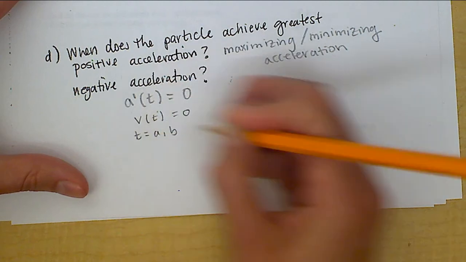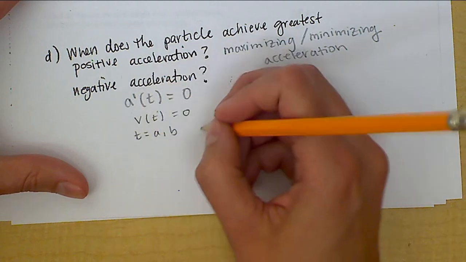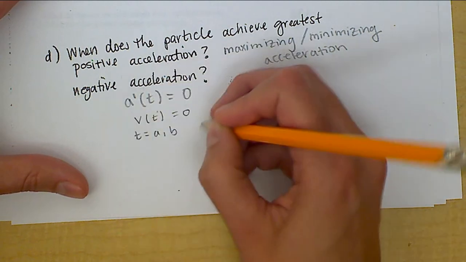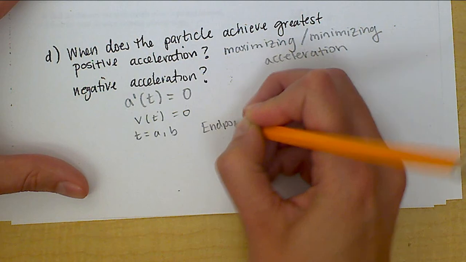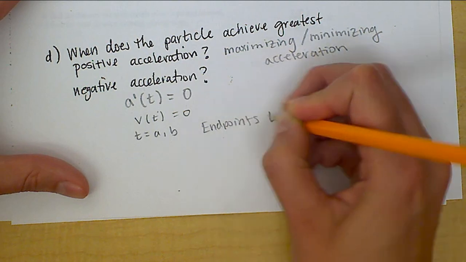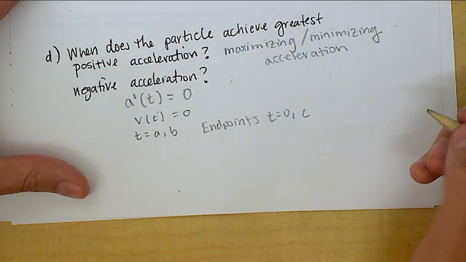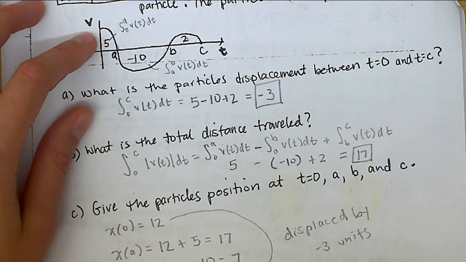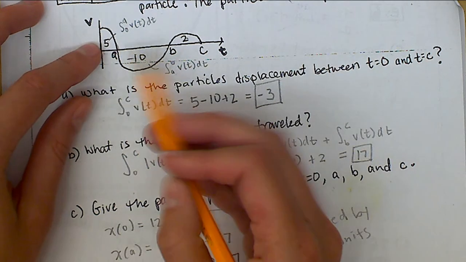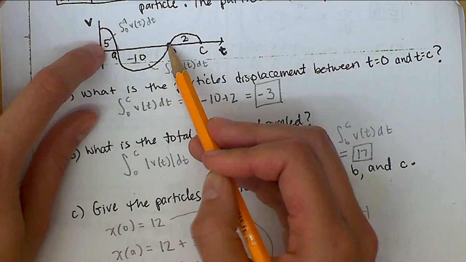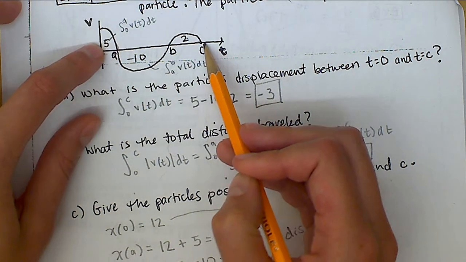And then you also have to consider, so these are my critical values, and then also the endpoints t equals 0 and c. So in this case, it's kind of annoying. We are considering every single point. So these two zeros, and then endpoints A and C. Okay.